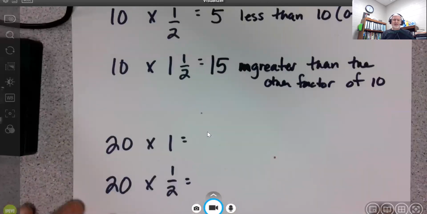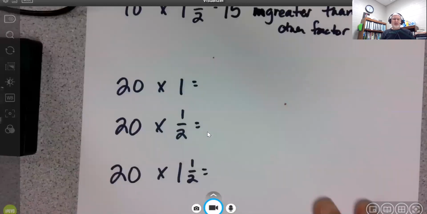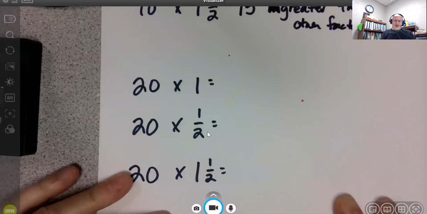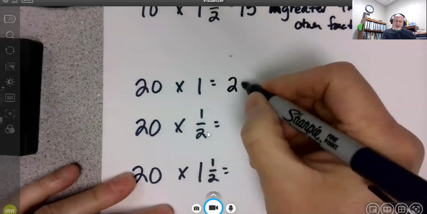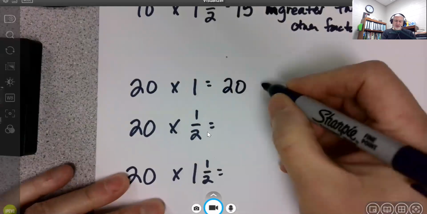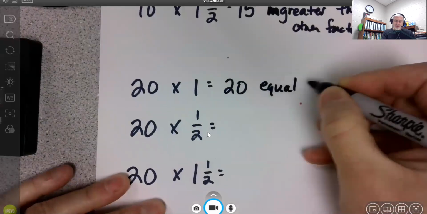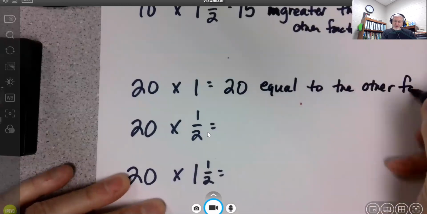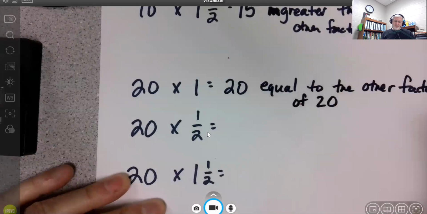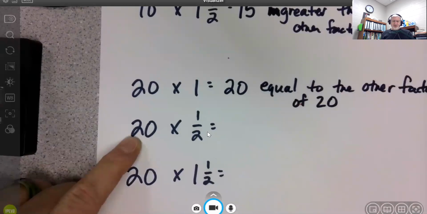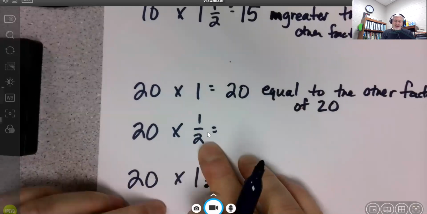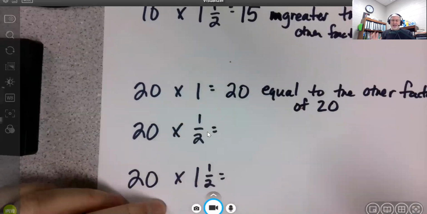We know that. And let's use that same reasoning with the number 20. Okay. So 20 times 1 obviously is 20. So 20 is equal to the other factor of 20. 20 times 1/2, well, I should already know that it's less than 1. 1/2 is less than 1.